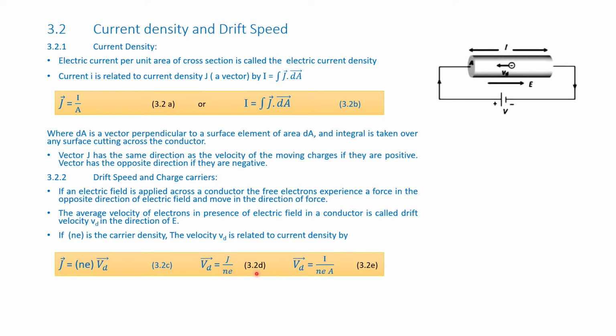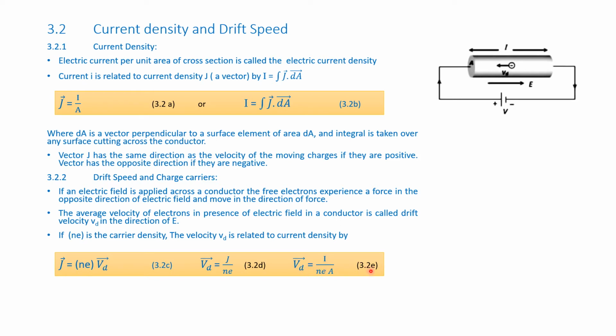This is equation 3.2b. And Vd can also be written as I over Ne into A, because J is the current per unit area. Therefore, J will be equal to I by A, and therefore Vd equals I over Ne into A.